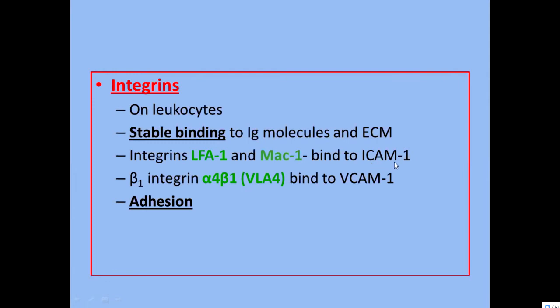Beta 1 integrin binds to VCAM, vascular cell adhesion molecule. Okay, the main function is to bring about adhesion between integrins and ICAM, or the ligand which is present over the endothelium.